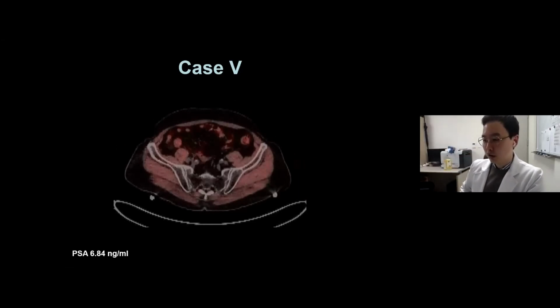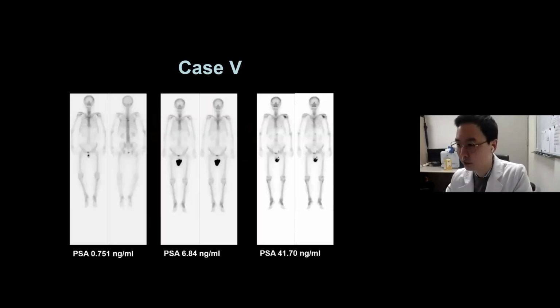So this patient went on for chemotherapy, and for the thoracic lesion and some lesions in the lumbar spine, salvage radiation therapy. However, after that, there was still an increase in the PSA level. As you can see, when the PSA level reached 41.7, there was a significant uptake, which was actually shown in the choline PET, but not seen after 3 months.